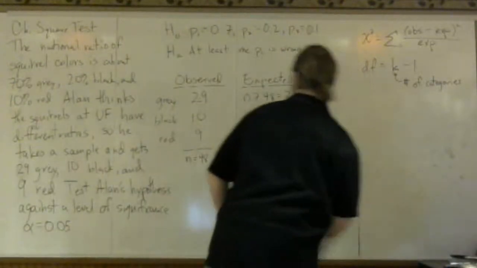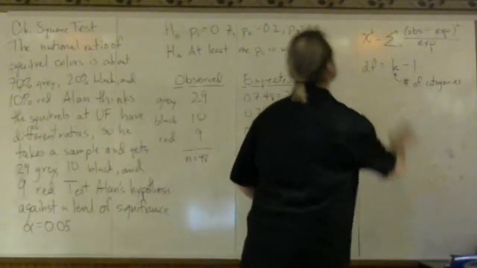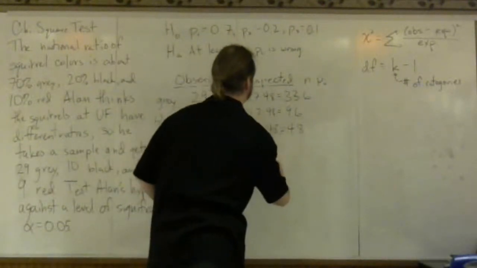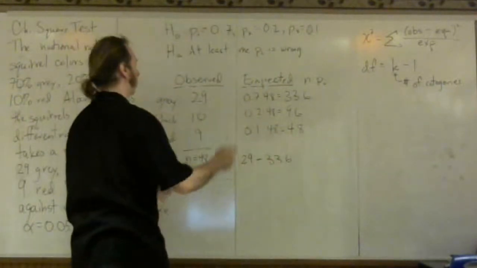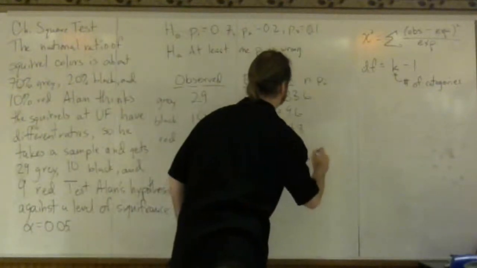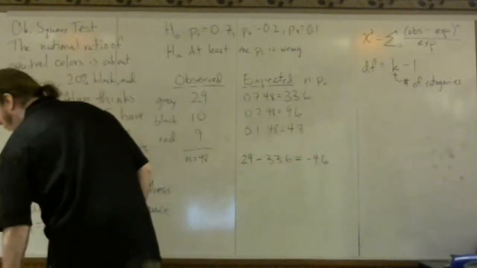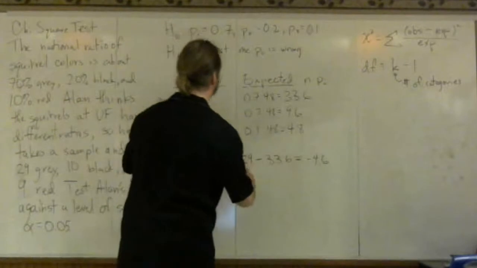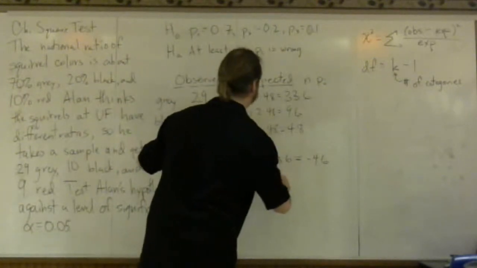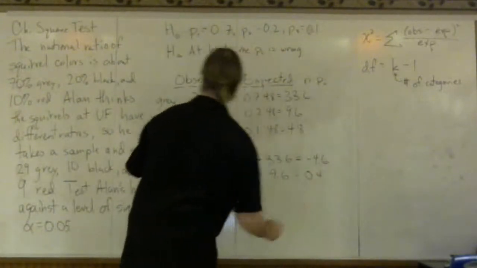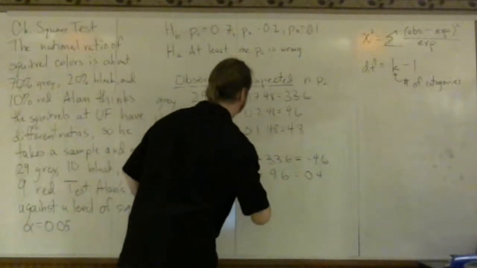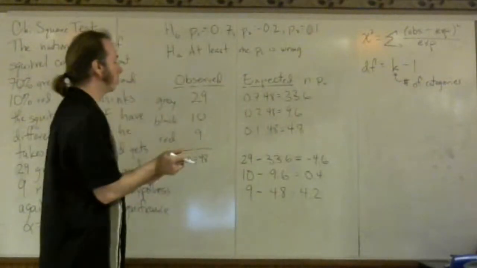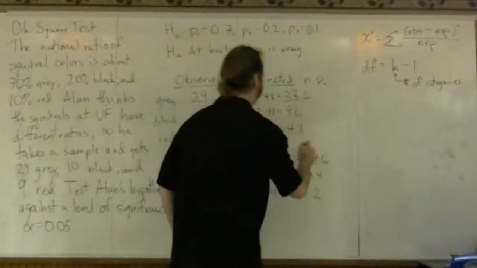So let's figure out the difference of each one of these first. 29 minus 33.6. 10 minus 9.6. And 9 minus 4.8. So this is observed minus expected.